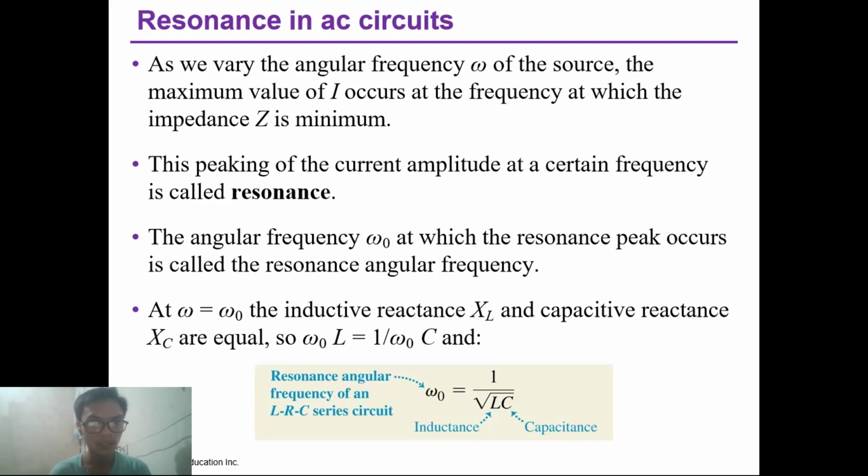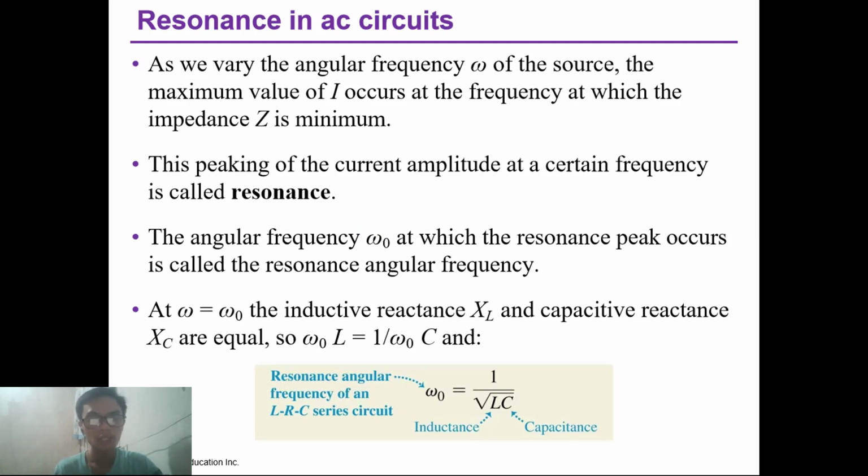At the angular frequency equal to ω sub 0, the inductive reactance, X sub L, and the capacitive reactance are equal, so ω sub 0 L is equal to 1 over ω sub 0 C. So ω sub 0, the resonance angular frequency of an LRC series circuit, is equal to 1 over the square root of the product of inductance and capacitance.